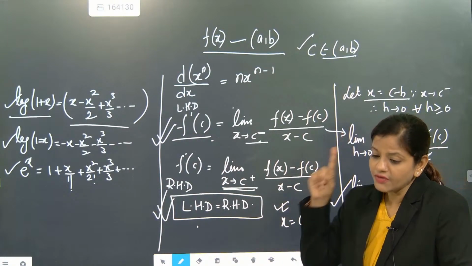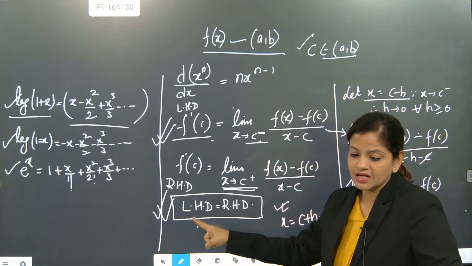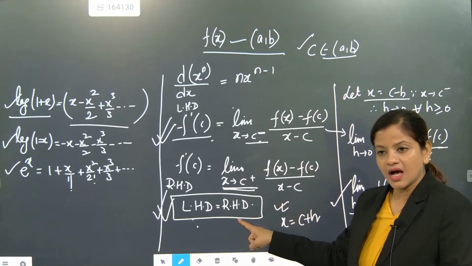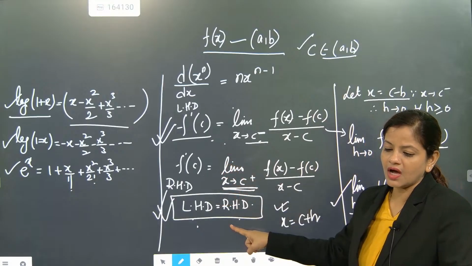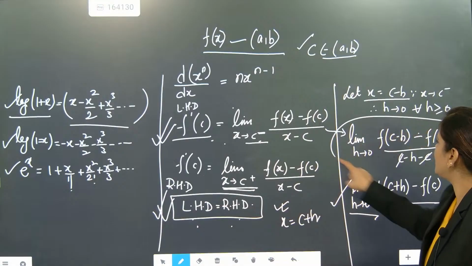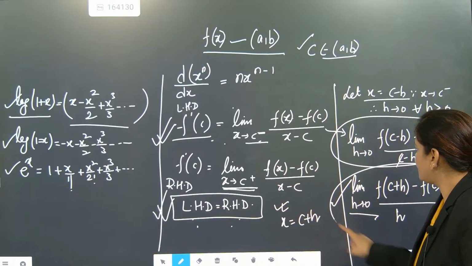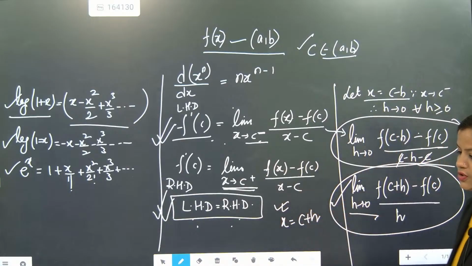And for every differentiation to exist, LHD must be equal to RHD. So when LHD is equal to RHD, the derivative will exist. So this is your left part and this is your right part. So in short, what will we do?